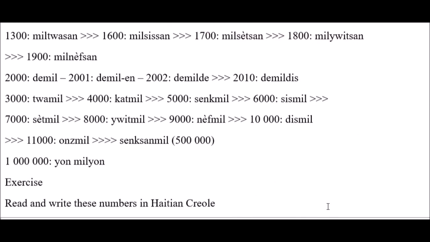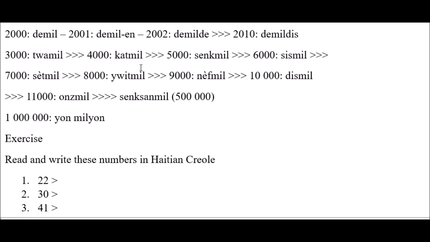That's how we make it. 1900, 2000, 2001, 2002, 2010. That's how we add the other numbers: 3000, 4000, 5000, 6000, 7000, 8000, 9000, 10000, 11000.